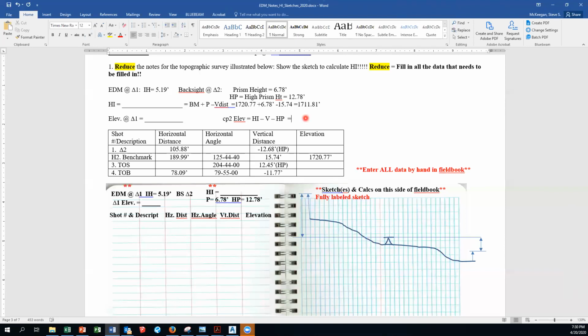So that's equal to 1711.81 minus, and that's not minus a minus, it's just subtracting that vertical distance, 12.68 feet, minus the high prism of 12.78. And then that number is 1686.35. Okay, so that's CP2.